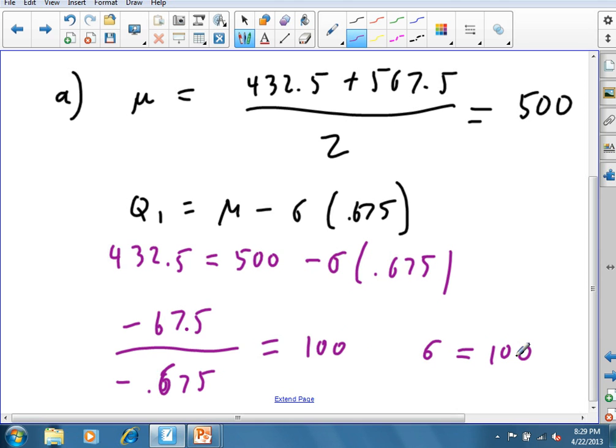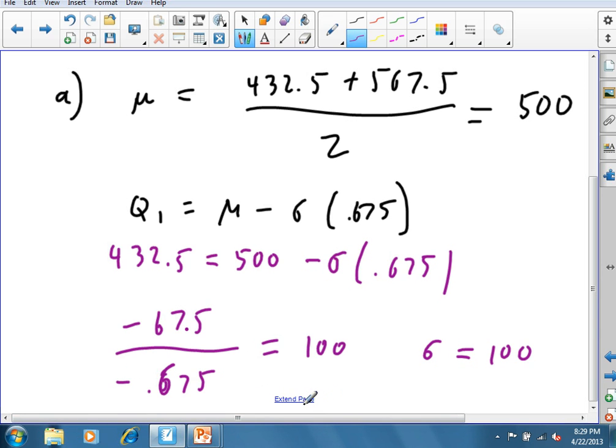Is it not 100? Yeah, that's 100. Maybe I'll put it in my calculator. 67.5 divided by 0.675. Oh, 100, yes. All right, lucky guess. I just know two negatives equal positive. Yes, that's right. I'm dividing by two negatives, so that makes it positive.